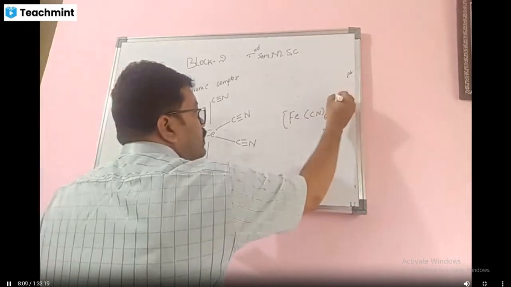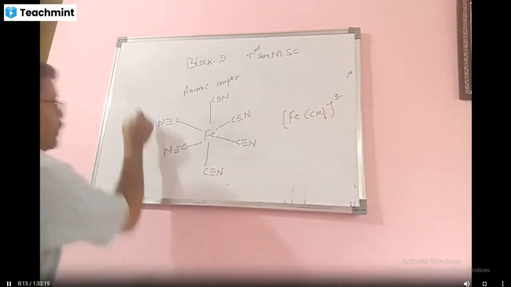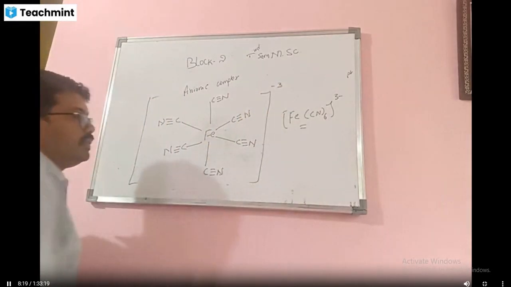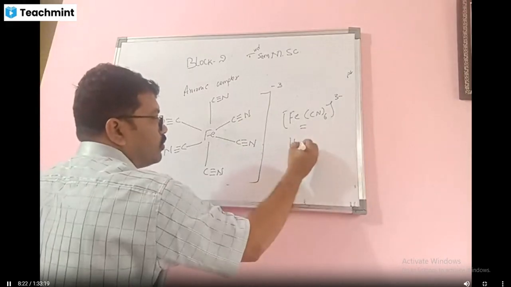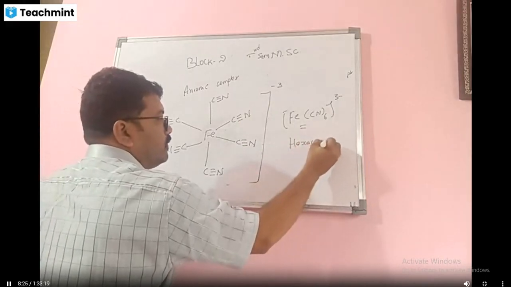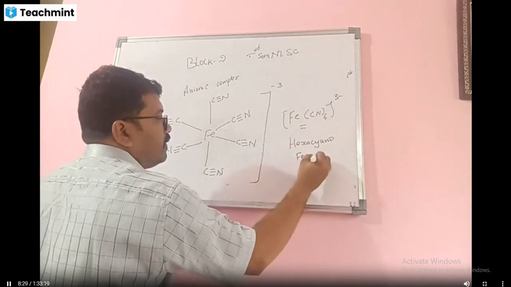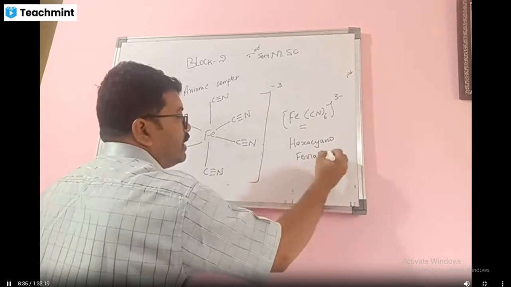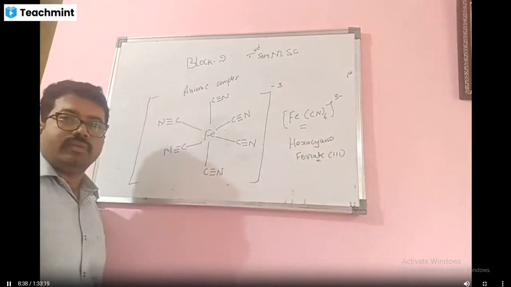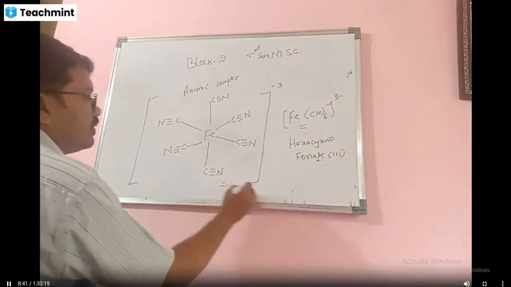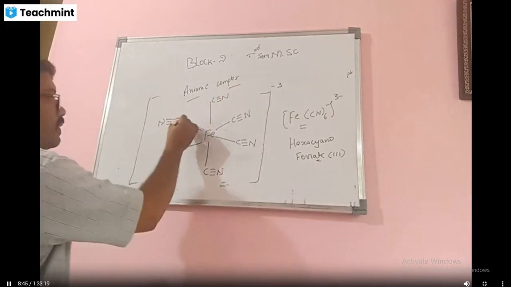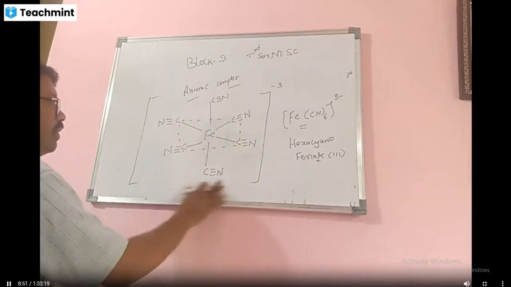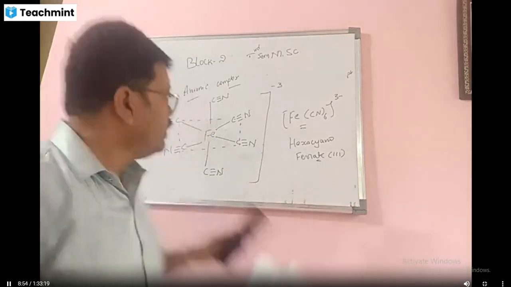The net charge is 3 minus. This is the complex. Total 6 cyano groups are there, that's why hexacyano ferrate. I will tell you what is the ATE in ferrate. Hexacyanoferrate 3 complex. This is the example for anionic complex. These 4 ligands are in the plane, this one is above the plane and this one is below the plane.